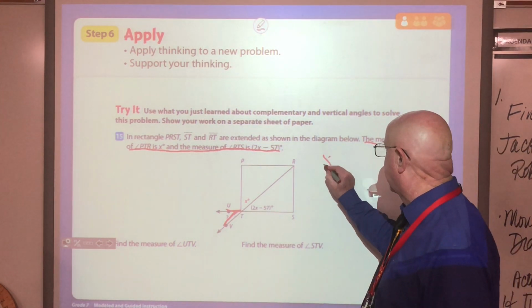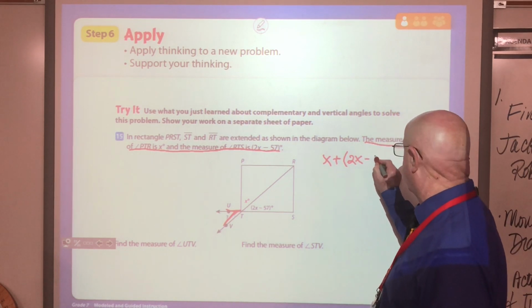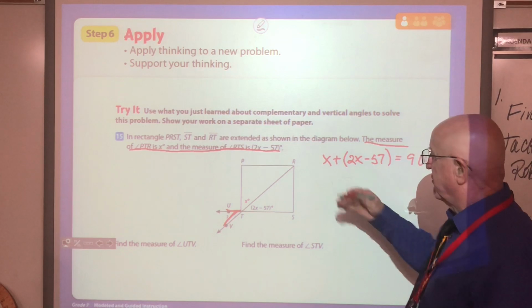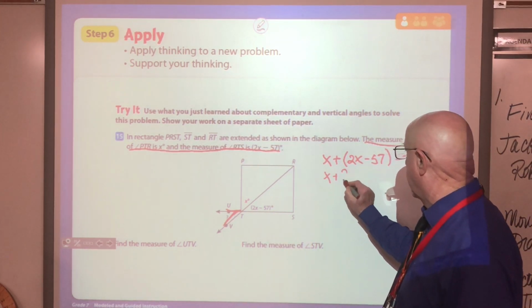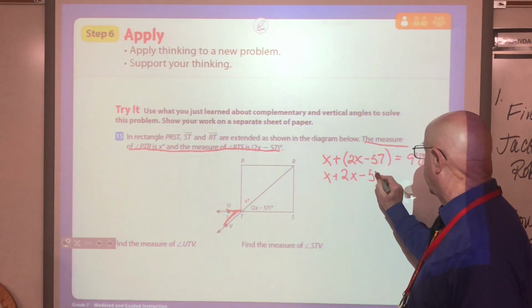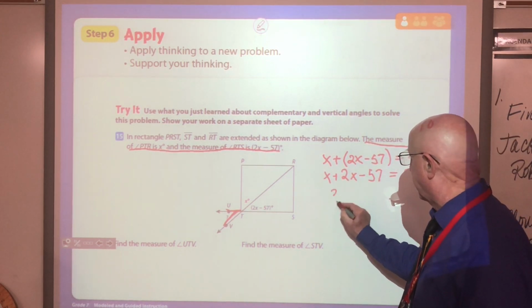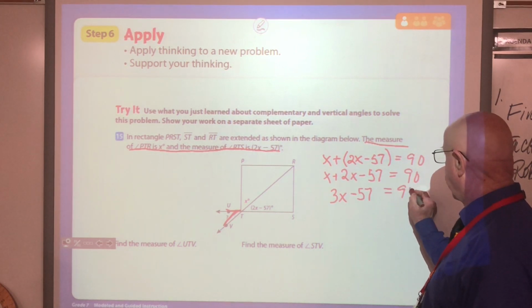So we have X plus 2X minus 57 is equal to 90. Since we're just adding, we can get rid of the parentheses. Combine our like terms, we get 3X minus 57 is equal to 90.